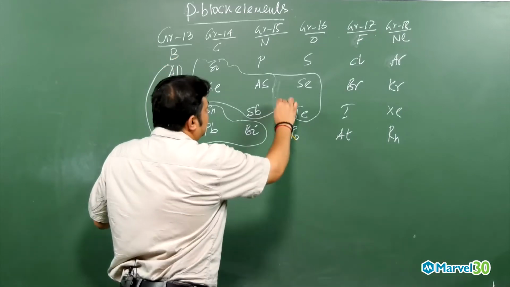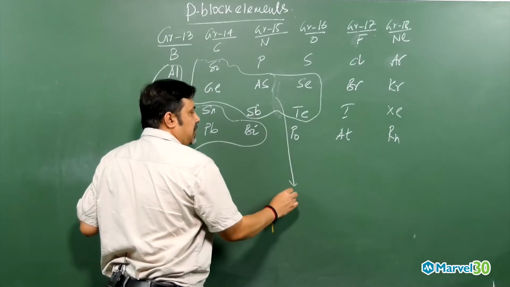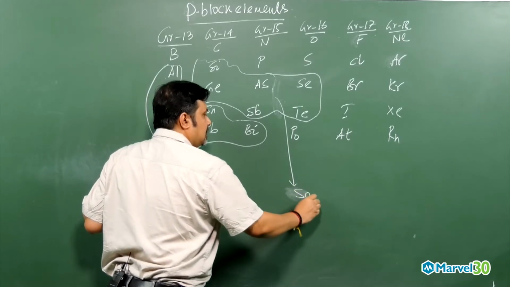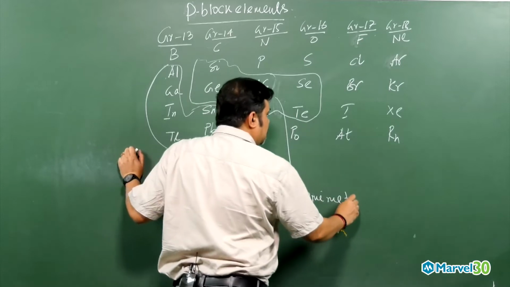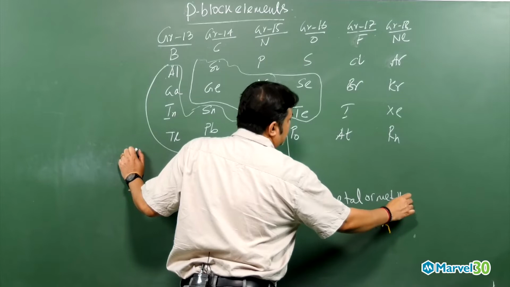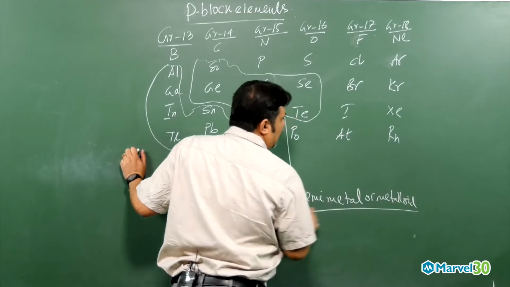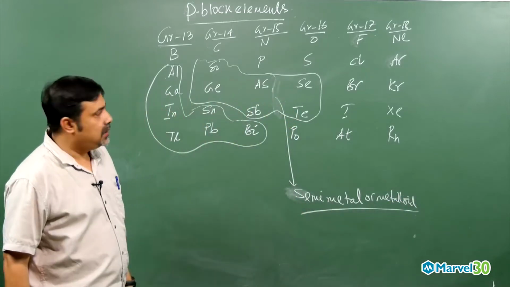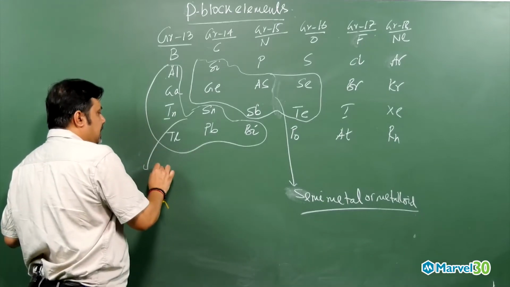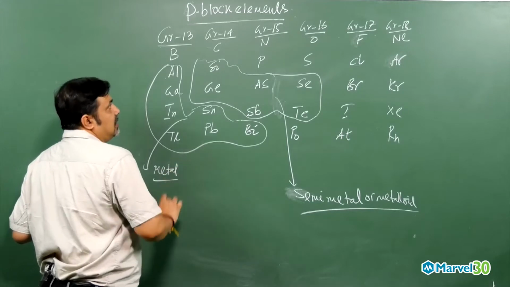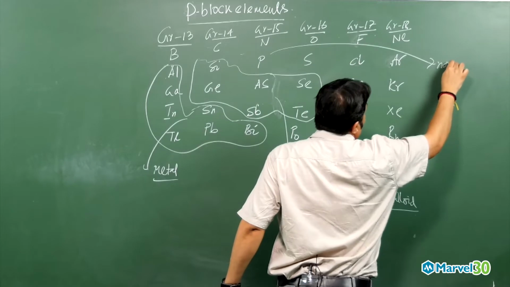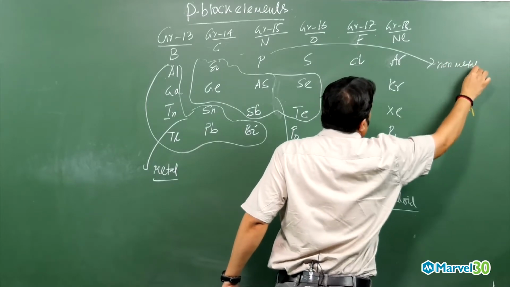This part in the p-block is nothing but semi-metal or metalloid. That means depending on the situation, they can act as a metal or as a non-metal. This part of the p-block acts as a metal, and this part of the p-block acts as a non-metal. So this is the idea you have to understand first.